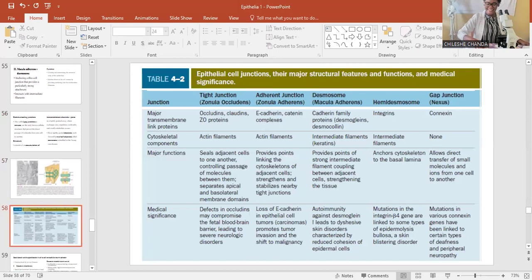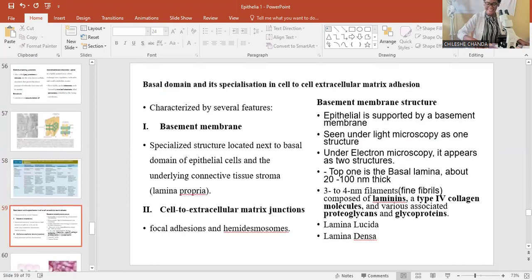Now, this is just a summary of the cell junctions and their structural features. Okay, please take time to study it and understand it.